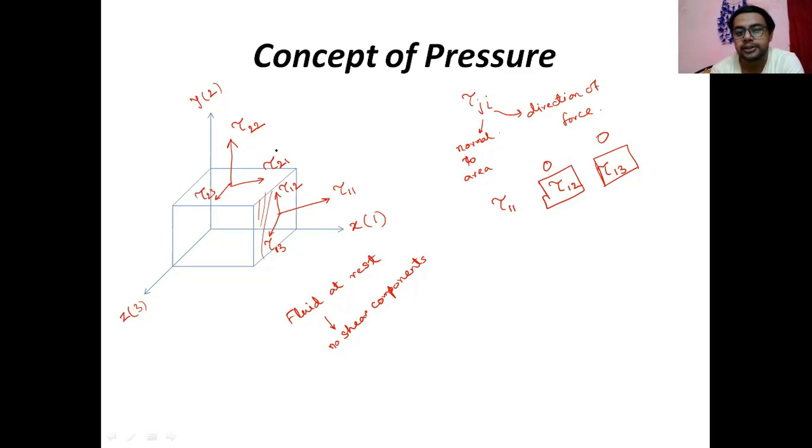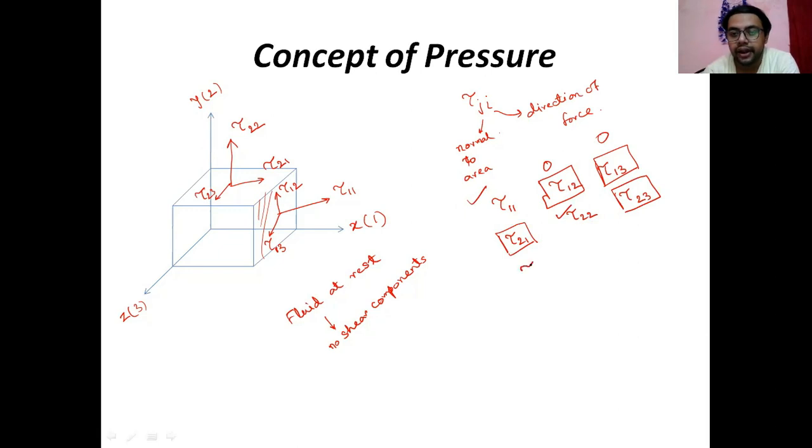But these two components are not there, only the normal component is existing. The same way in the tabulated form, if you write it down here, tau 22 and tau 23. So here also, this shear component is 0, this shear component is 0. So this is existing, this is existing.